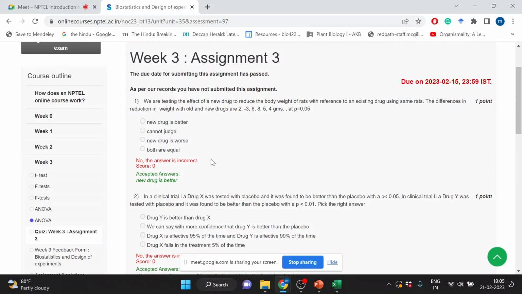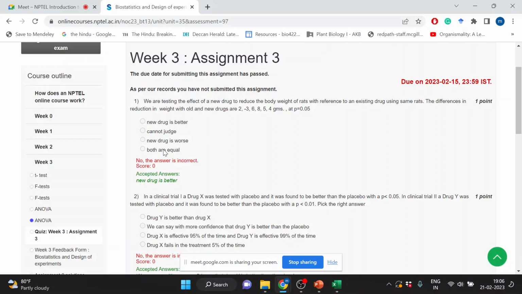So how will we interpret this result? It's giving you a value greater than 0.05. Then you will say that both are equal. Sorry, the t value we are getting is less than the critical value. So it should be both are equal.